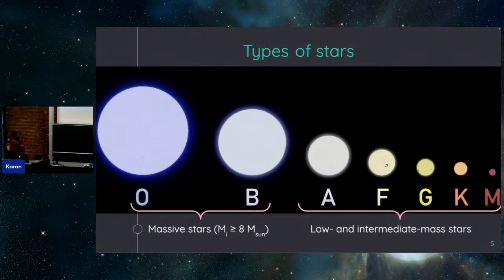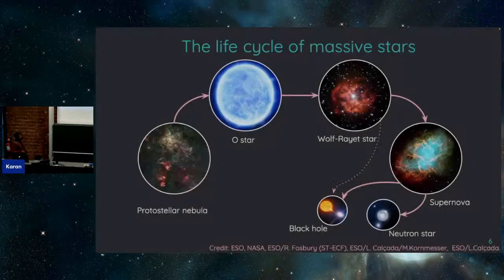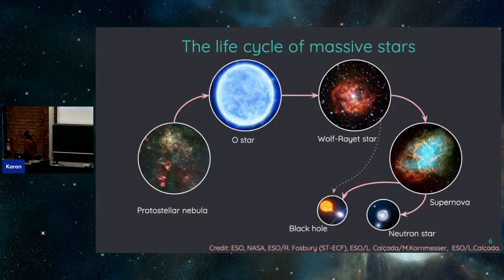And what do I mean by massive? They have initial masses, so when they're born, greater than 8 times the mass of our sun. And then you have the low and intermediate mass stars, and our sun is a spectral type G. So that's what you see over here. Now, I'm going to focus on massive stars for the remainder of the talk.